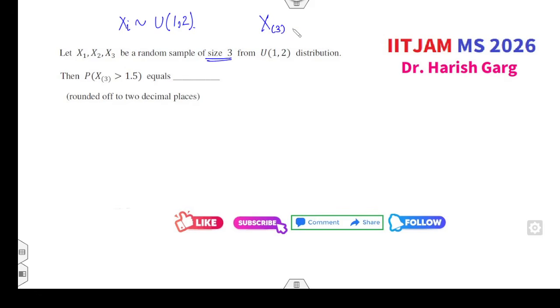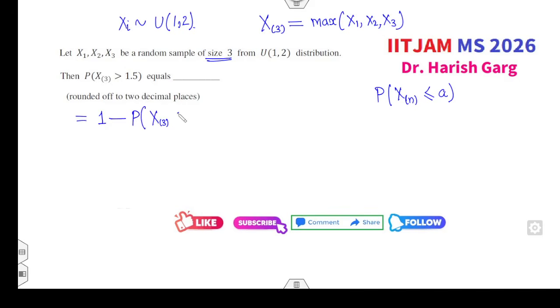Because the sample size is also 3, so x3 will be the maximum of x1, x2, x3. फाइन. तो मैक्सिमम के केस में आप प्रोबेबिलिटी कैसे निकालते हो? आप इसे ऑर्डर स्टैटिस्टिक्स. फाइन, तो जब भी आपको x ऑफ n हो, इसको हमेशा लेस दैन की फॉर्म में बनाते हो आप. फाइन, तो सबसे पहले इस चीज को क्या लिख सकते हैं हम? 1 माइनस प्रोबेबिलिटी ऑफ x3 which is less than or equal to 1.5.